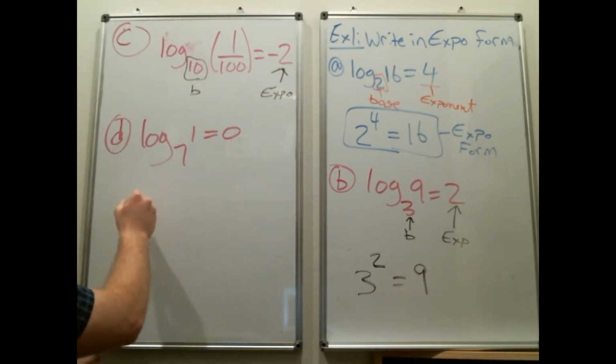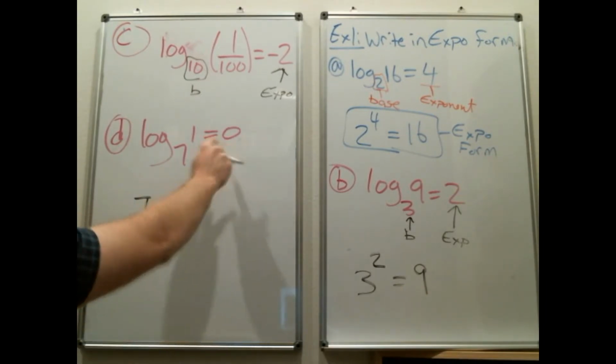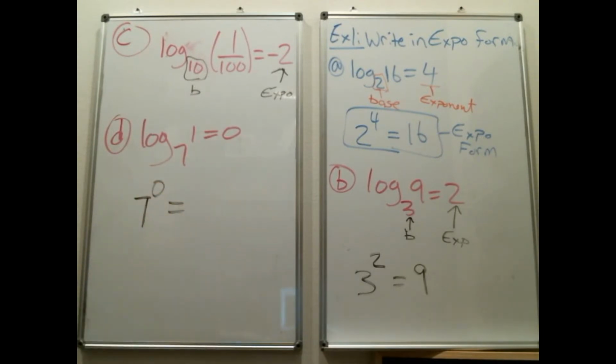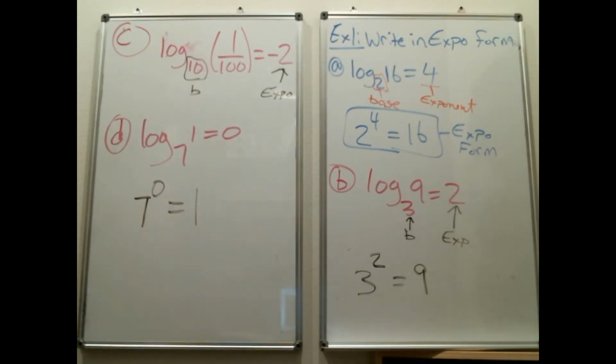So 7 is my base, and then its exponent is what's over here, all by itself on the other side of the equal sign, and that's equal to what's left over, which is 1. And then you need to ask yourself, does 7 to the 0 power equal 1? Yes, it does. Anything to the 0 power always equals 1.